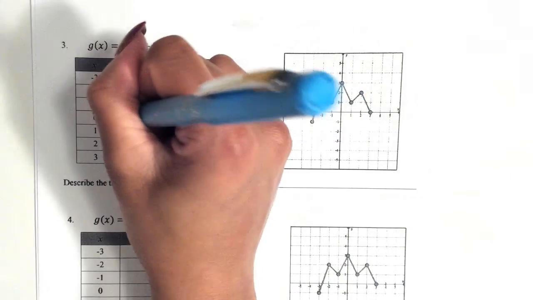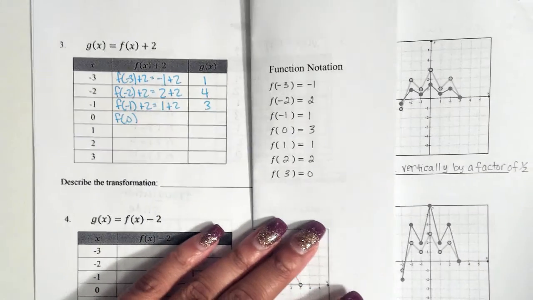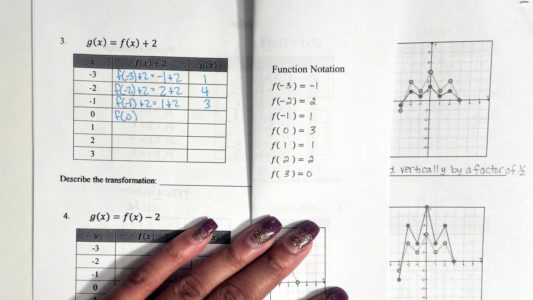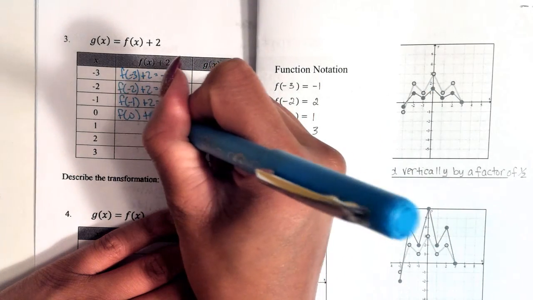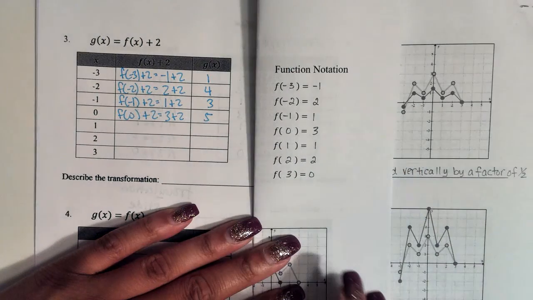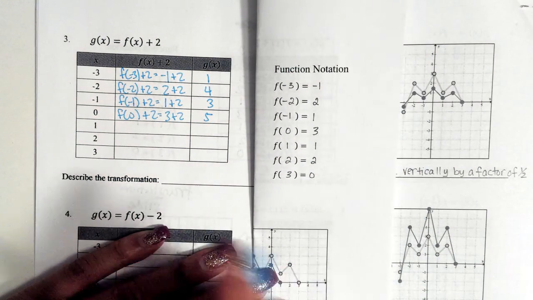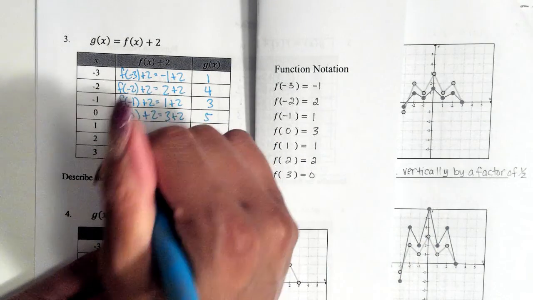So now I have f of 0. So let's look at f of 0. So here, make this a little easier. So I have f of 0 is 3. So I'll take 3 plus 2, and I get 5. Now I have f of 1, and f of 1 is 1.